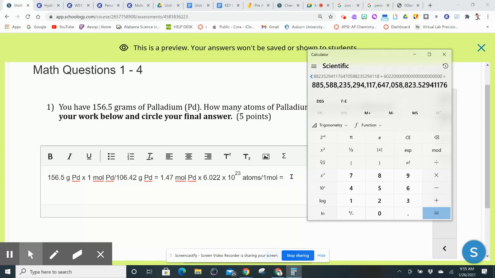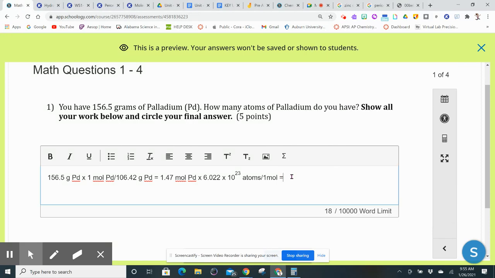So let's say 8.85, and that is 3, 6, 9, 12, 15, 18, 21, 22, 23. 8.85, that's fine. 8.86 times 10 to the 23rd atoms of palladium. Okay? That makes sense?